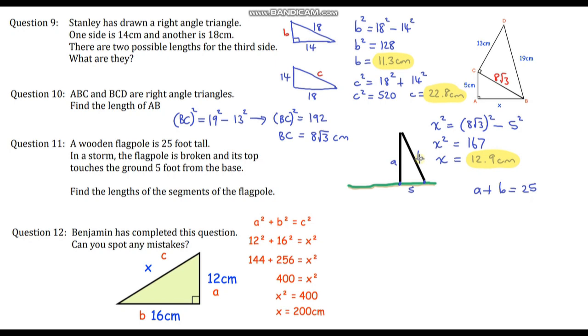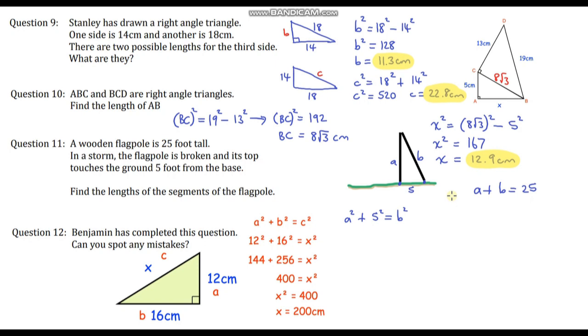So let's write that down. A squared plus 5 squared is equal to B squared. Now notice we've got two equations here involving A and B. So there's two unknowns and two equations, and that means that we can solve for A and B.